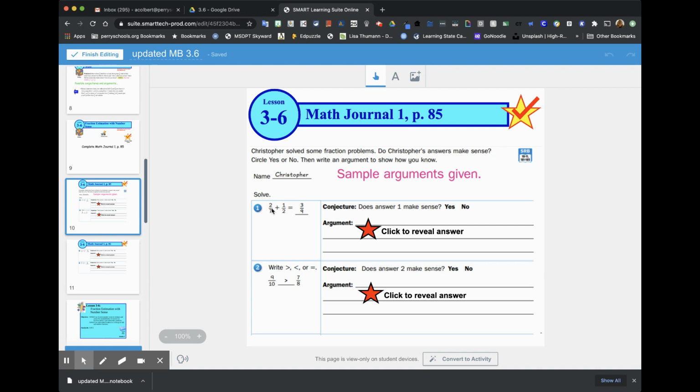So we're going to look at number 1 together, and then you're going to do the next 3 on your own. It says 2/7 plus 1/2 equals 3/9. Okay, so I'm going to think through 2/7 and 1/2, and we're going to add these. So my thought here is I'm going to look at that 1/2. Then I'm going to look at 3/9. I know that 1/2 is greater than 3/9 because when I think about 3, I know 3 can go into 9 3 times.